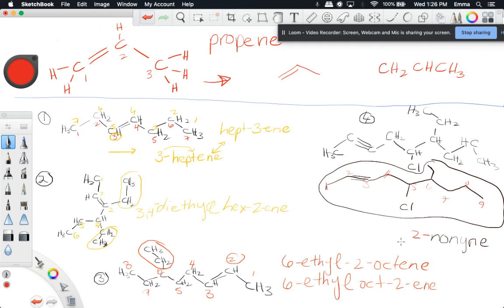On the 5th carbon, we have 5-chloro, and off the 6th carbon, we have 6-ethyl. This is where the alphabetical rule comes into play, where C has to go before E. So it'll be 5-chloro-6-ethyl-2-nonyne. And that's it.